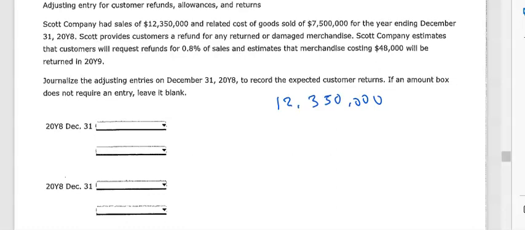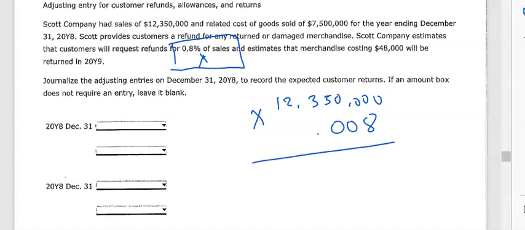Scott provides customers a refund for any returned or damaged merchandise. Scott Company estimates that customers will request refunds for 0.8% of sales. So the word of means times. So 0.8% times sales. So this was sales, and we multiplied by 0.8%, which is really, we moved the decimal place over 2 times, 0.008.